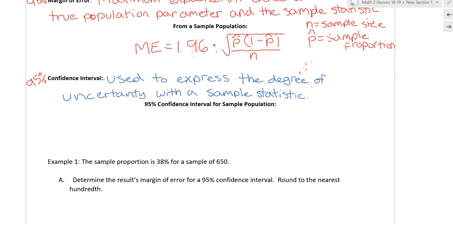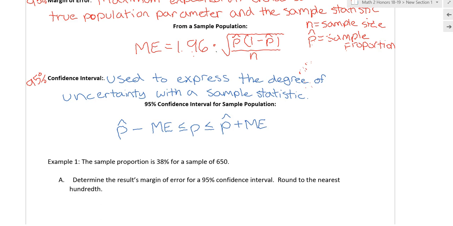So our 95% confidence interval, how we find that is we do p hat minus our margin of error, less than or equal to what we call p, no hat on that p, less than or equal to p hat plus the margin of error.